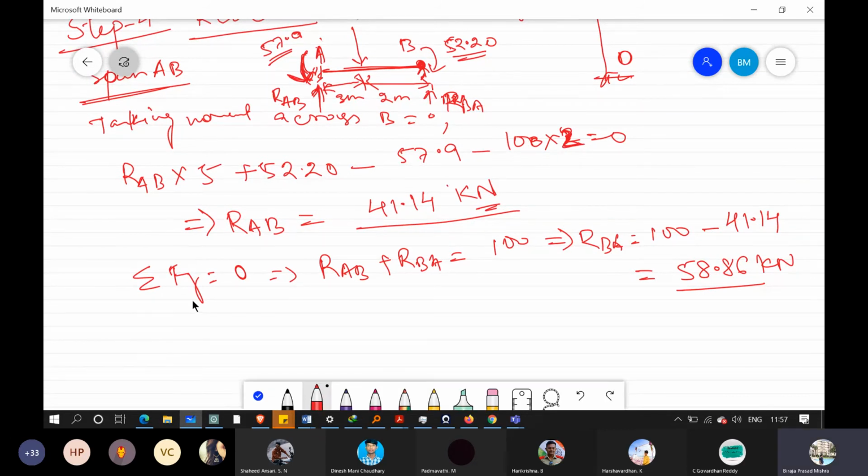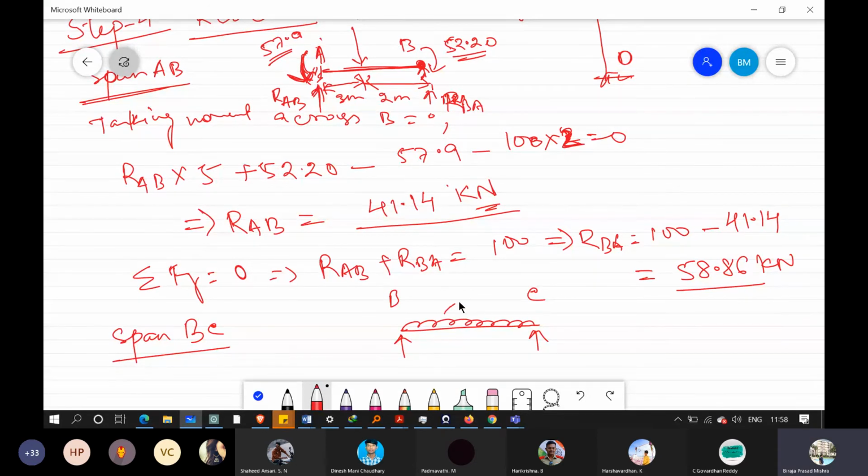Okay, we will find out the reactions and keep them till now, and in the next class we will calculate the shear force and bending moment. Okay, for span BC, here it is one reaction, here will be one reaction, this is B, this is C, here we have a UDL. Am I correct?